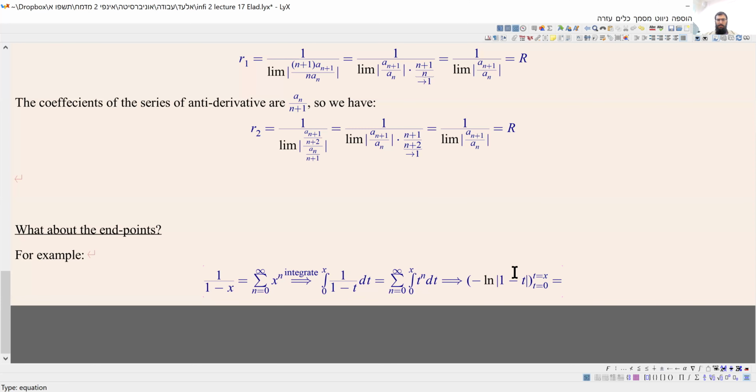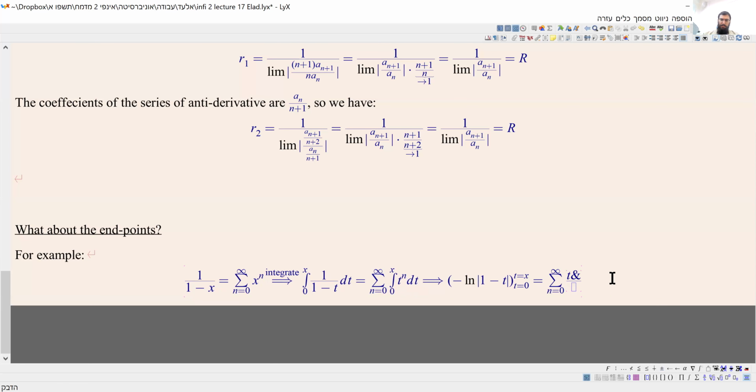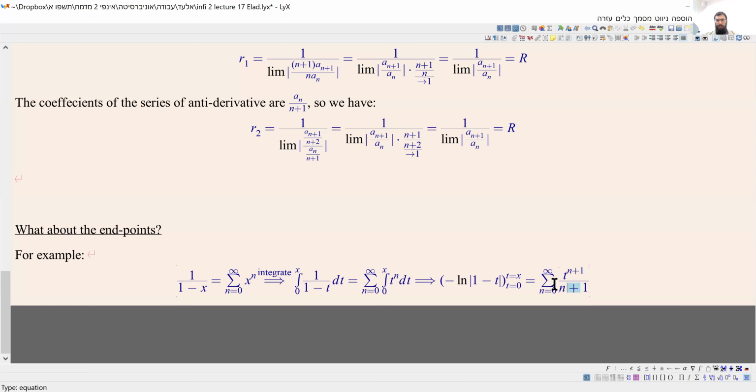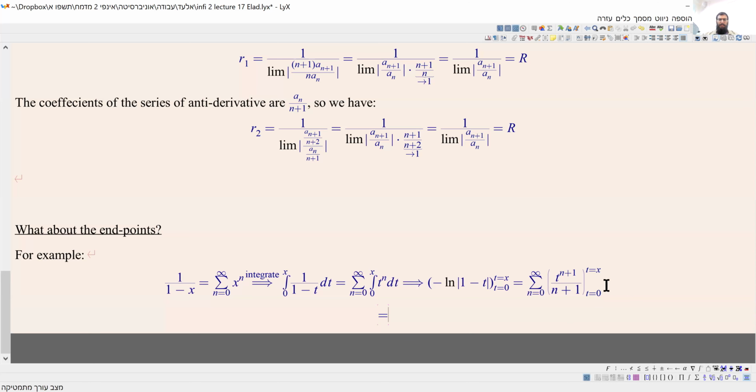On the other hand, when it comes to the sum, the integral of t to the power of n is t to the power of n plus 1 above n plus 1. And yet again, when we put t is 0 and x, we are left with 0 gives us ln 1, which is 0, and x gives us minus ln of 1 minus x.